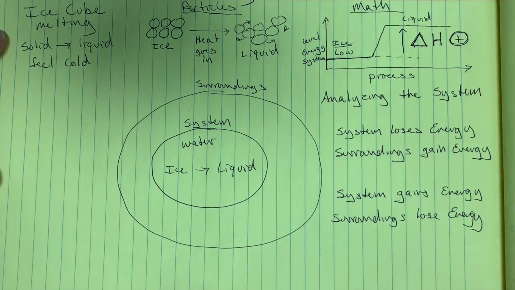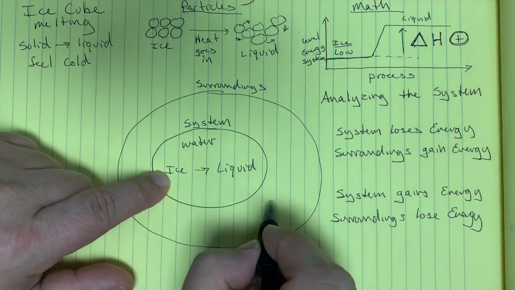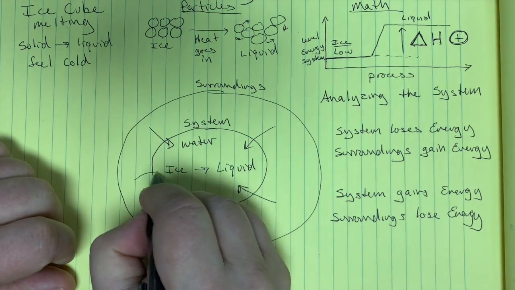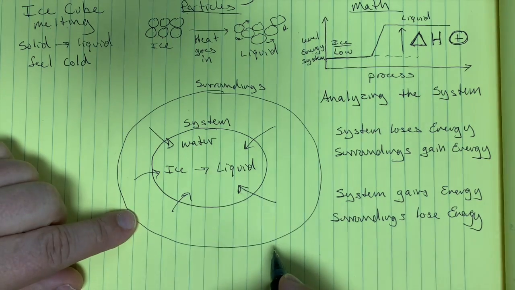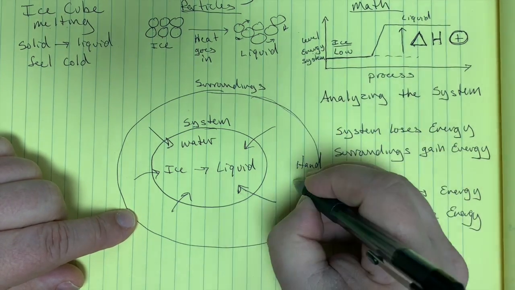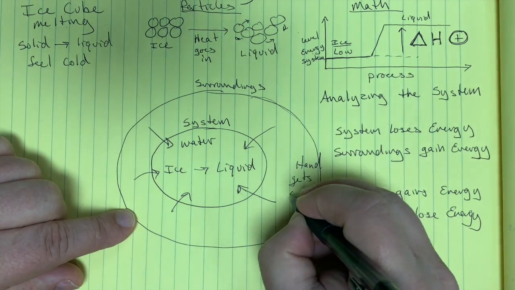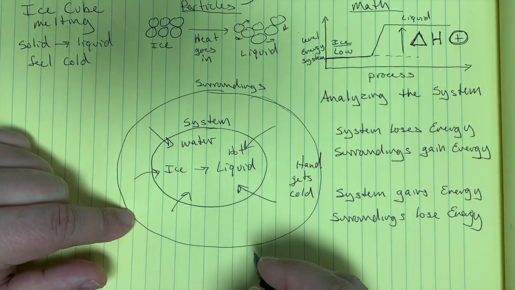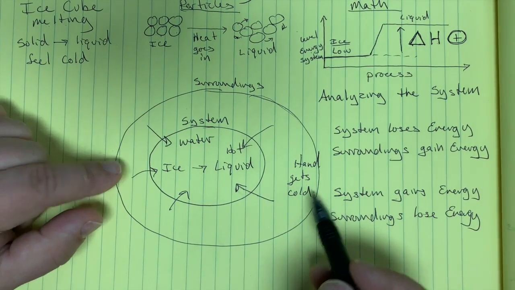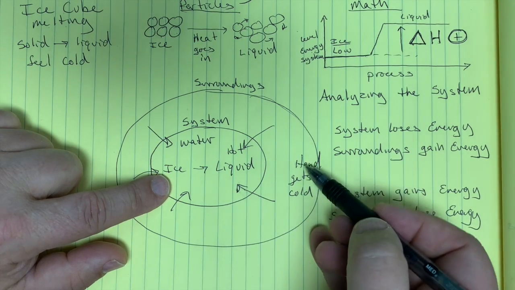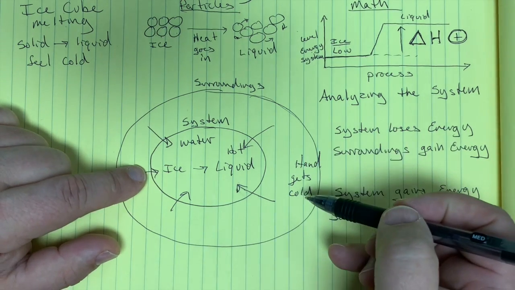In this case, as the ice turns into a liquid, it's drawing energy in so that the ice cube can have its molecules start moving, so the surroundings, which is my hand, gets cold. The system gets hot. If what I'm touching is drawing energy in, then for me, touching it, I feel cold.